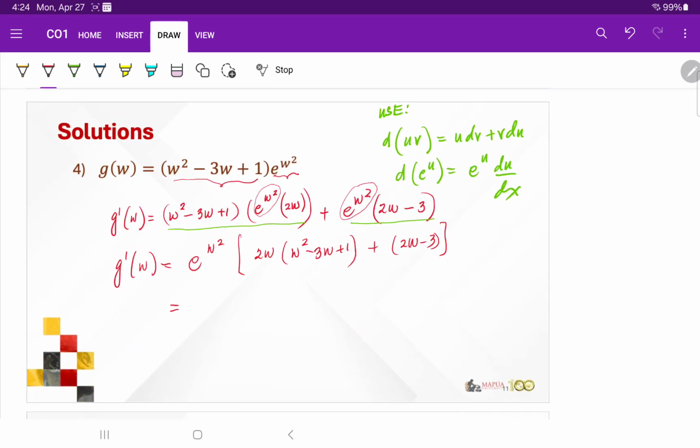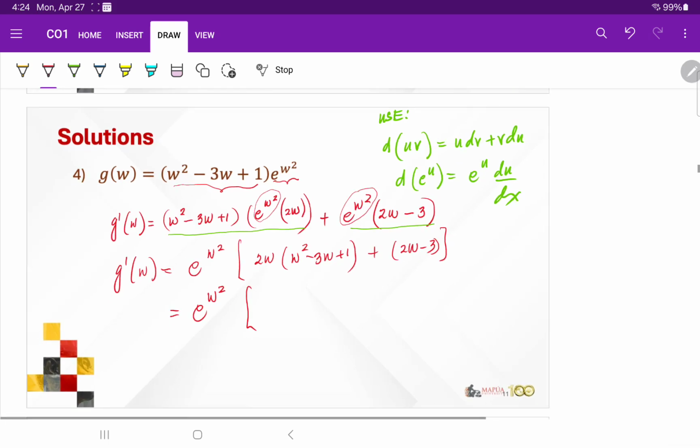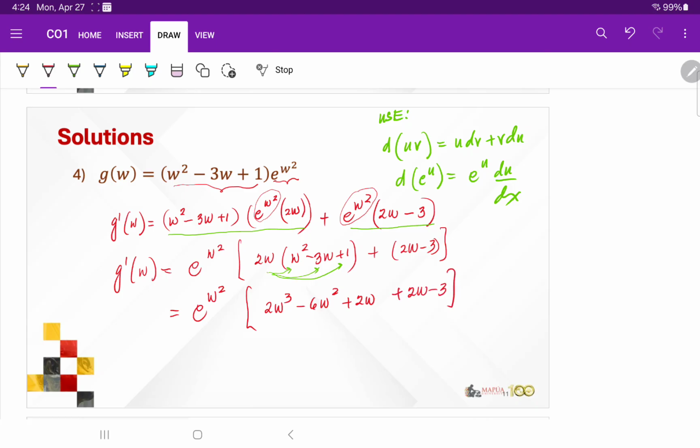Then if we simplify further, this gives you e to the w square multiplied by what? We need to distribute this times 2w. So we get 2w cubed minus 6w square plus 2w. Then plus 2w minus 3.